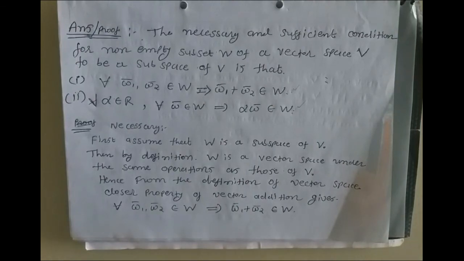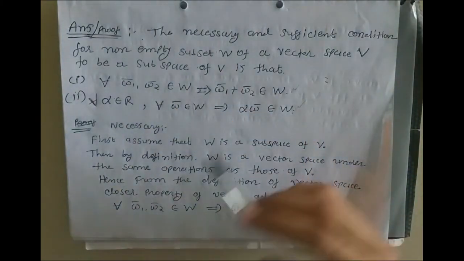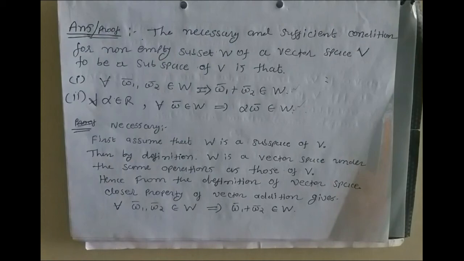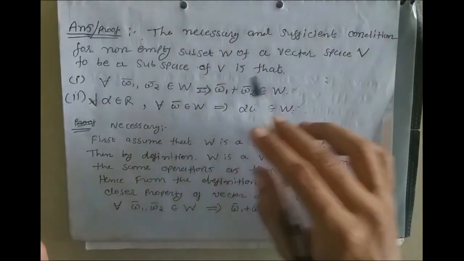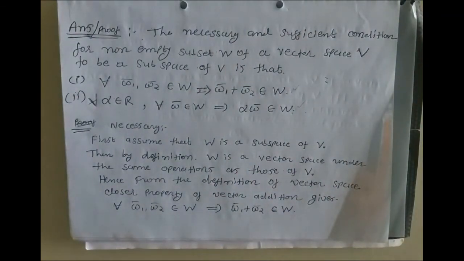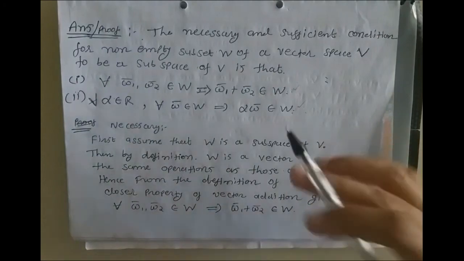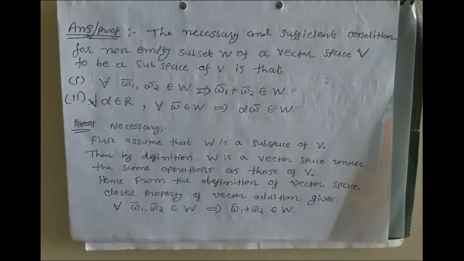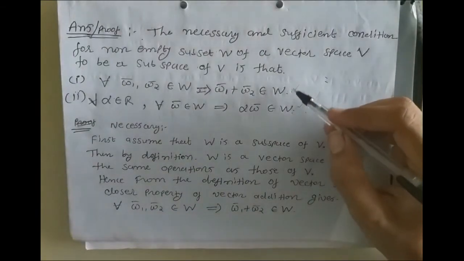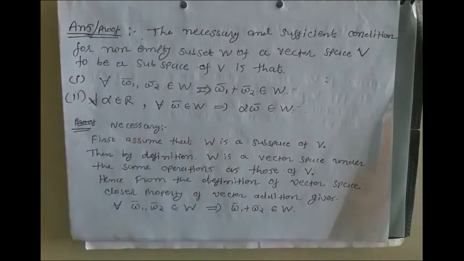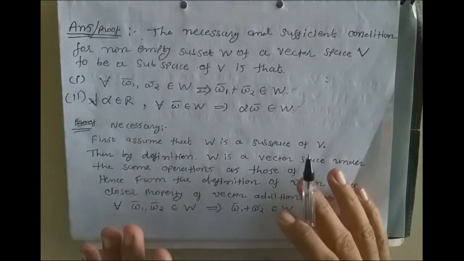Now for the converse part, for the sufficient condition, we considered W as a non-empty subset satisfying these two properties. Then we want to show that W is a subspace of vector space V. To show W is a subspace, we have to show that W is a vector space under the same binary operations. For that, we satisfied all the 10 properties of the vector space. In this way we proved the theorem.